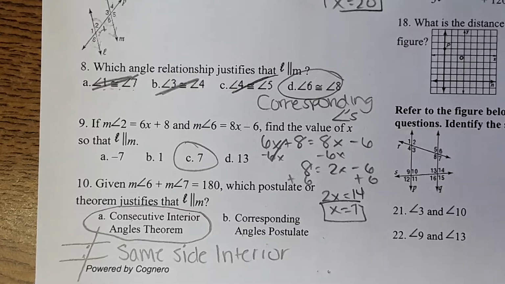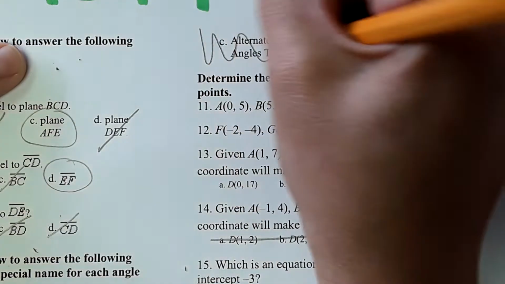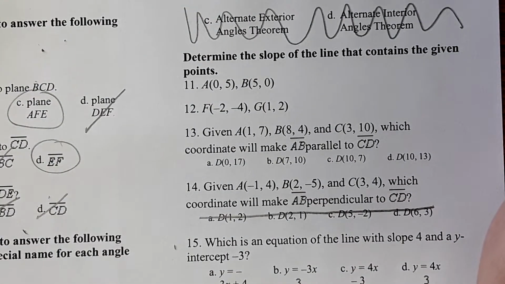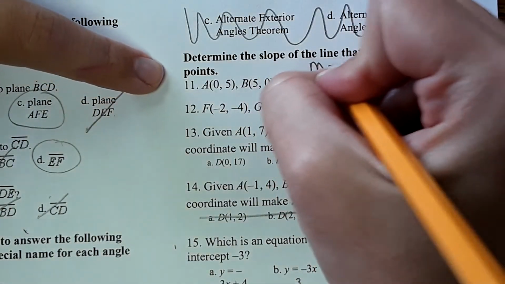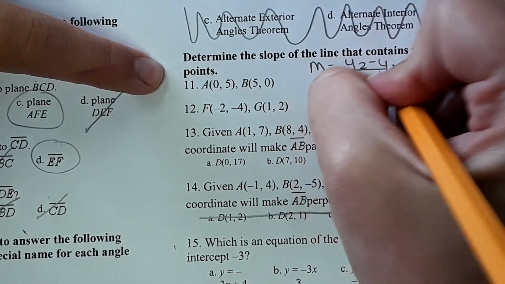Okay, then moving on to number 11. Up at the top, there's two answer choices to the last question, which were incorrect anyway. For 11, it says determine the slope of a line that contains the given points. So the equation for slope is y2 minus y1 over x2 minus x1.